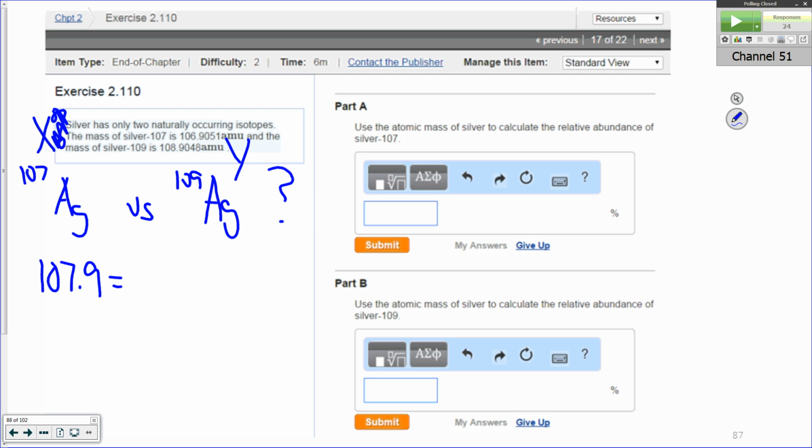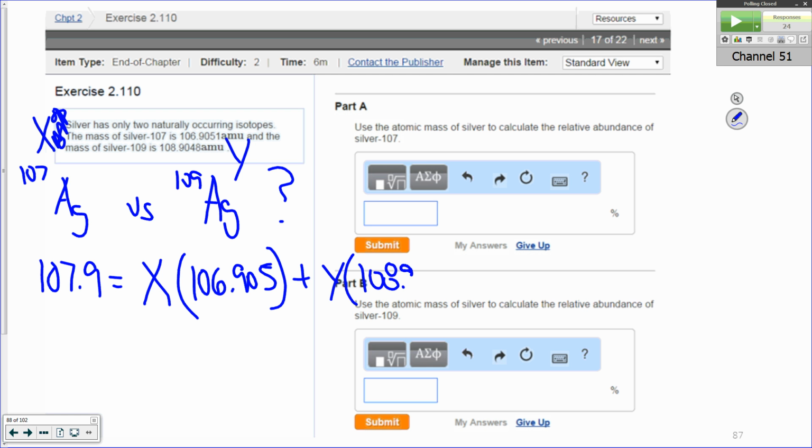So the weighted average is X times the mass of the 107, which is 106.905, plus Y, the decimal equivalent of the percentage for the 109 isotope, times its mass, which is 108.9048.